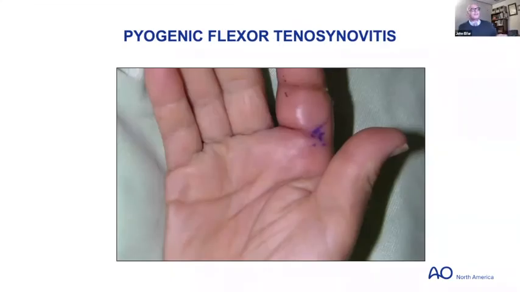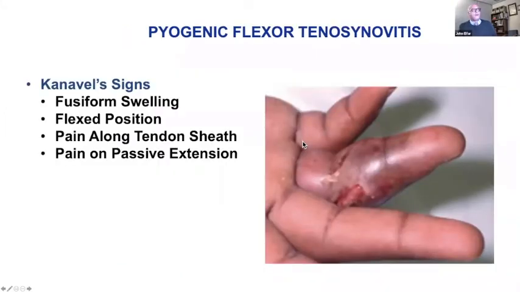Pyogenic flexor tenosynovitis is the next infection we're going to talk about. The thing to see in this picture is this reddened digit. We use Kanavel signs as markers of a closed space infection in the flexor tendon sheath.